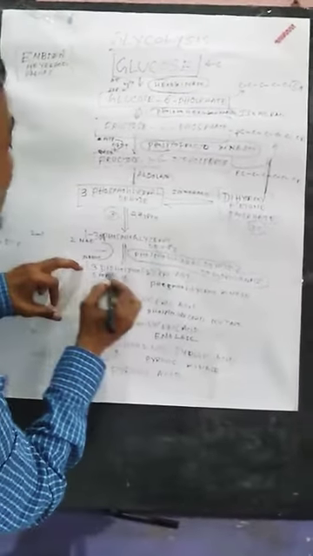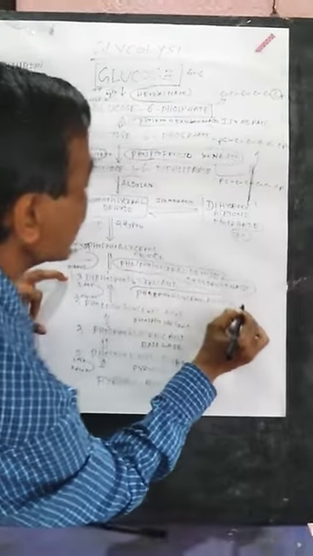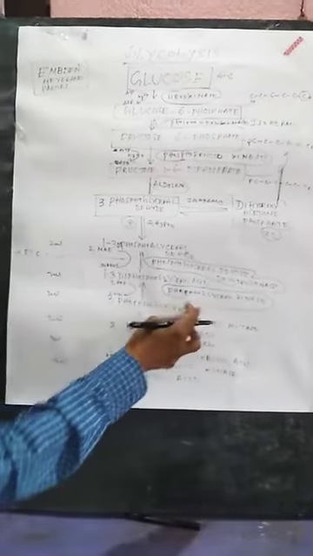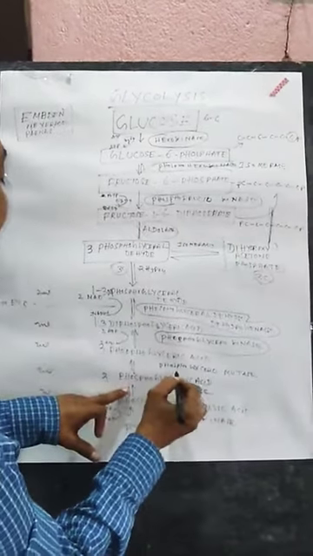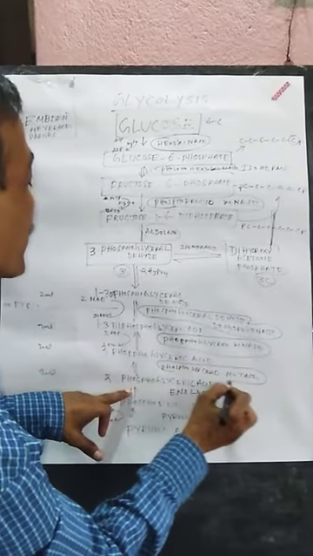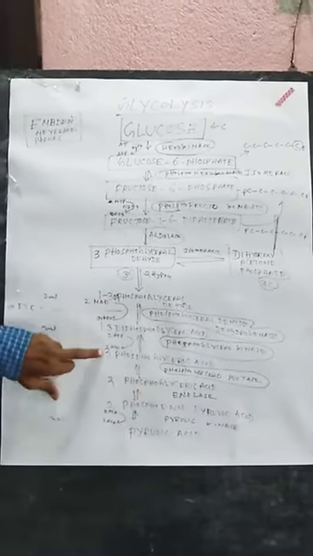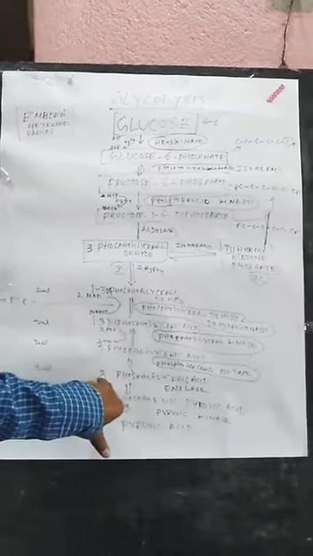Then 1,3-diphosphoglyceric acid, in the presence of phosphoglycerokinase, is converted to 3-phosphoglyceric acid, and again 3-phosphoglyceric acid is converted into 2-phosphoglyceric acid in the presence of phosphoglyceromutase. Here mutation occurs: the phosphate at the 3 carbon is shifted to the 2 carbon position.